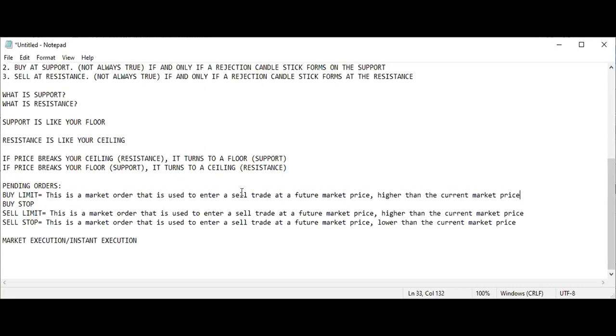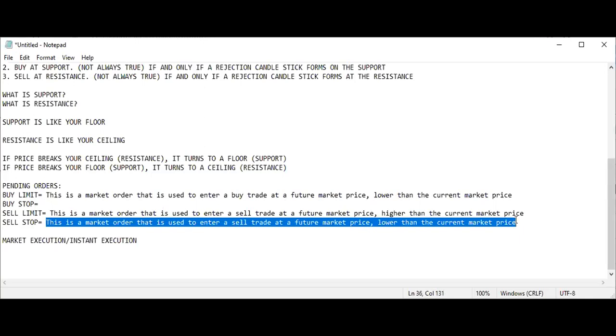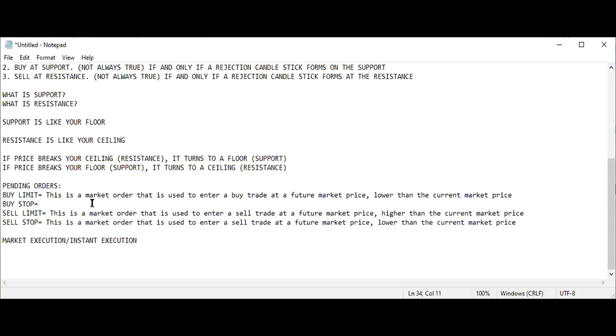Once you paste, you change this sell to buy, and you change the higher to lower. Then for buy stop, you copy what is sell stop and paste it. You change the sell to buy, and you change the lower to higher. That is as easy as it gets.